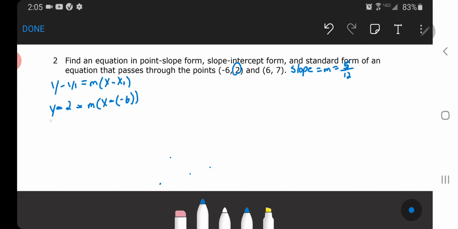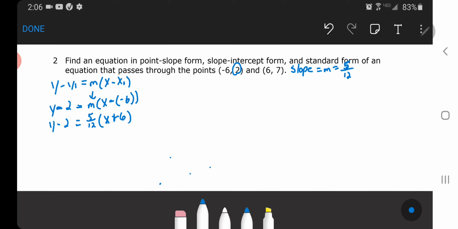And of course, I'm going to rewrite this as y minus 2 equals, I'm sorry, m. I should have replaced that m in, which was 5 over 12. Sorry, I didn't do that before. So 5 over 12 times x. And minus a negative, of course, becomes a positive 6, so plus 6. Okay, just rewriting it real quick. All right, so that's one in point slope form.